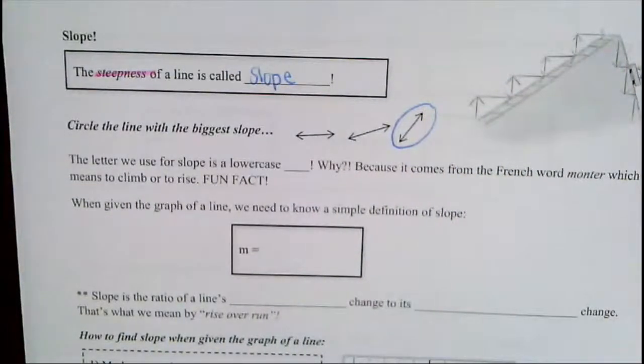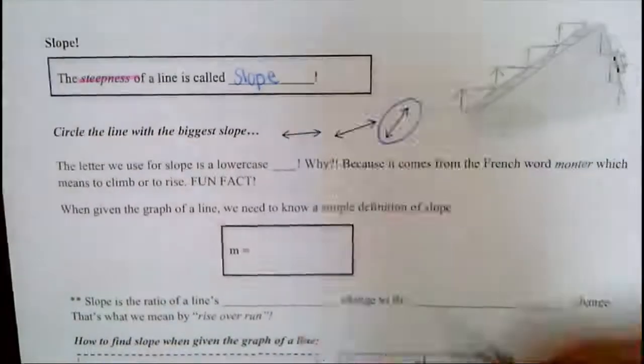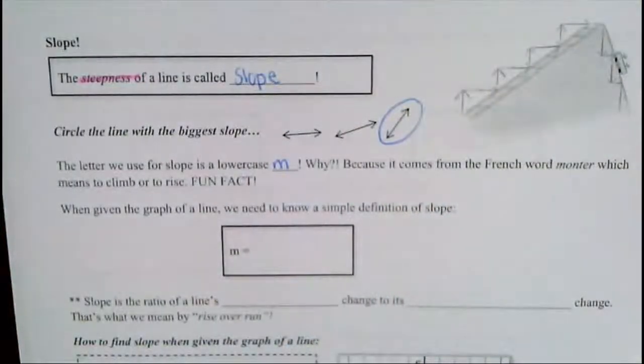The letter that we use for slope, and you're going to see this used a lot, is a lowercase m. Little fact, it comes from the French word monter, which means to climb or rise. So, what is slope? Slope is rise over run.